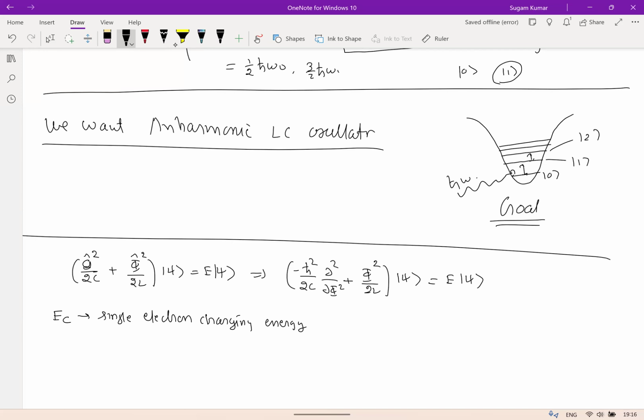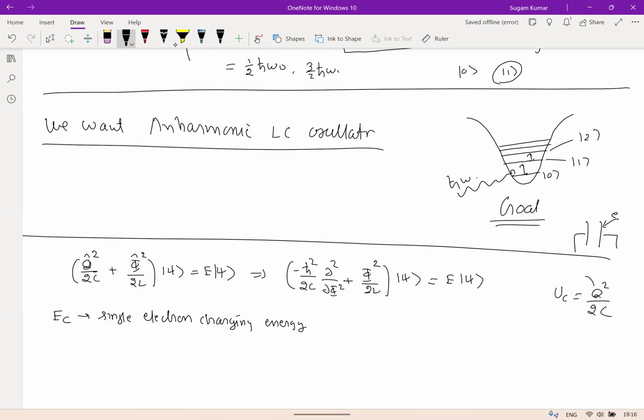So for example, in a capacitor, if you want to add one electron on the capacitor, how much energy is required for that purpose? That is the term I can use as the EC, which is going to be called the single electron charging energy. Think of this UC, how you define it: Q square by 2C.